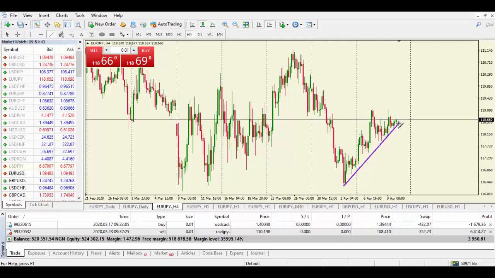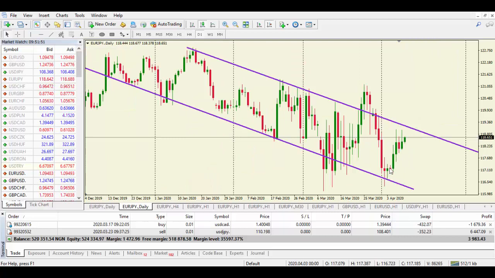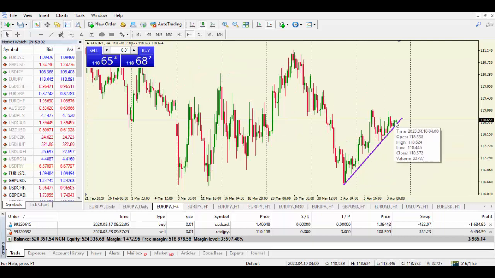But remember, on the daily time frame, the price is falling. So this is that move we saw here, this move from here that was going up. Let me draw it for you so that you see. That's the same move we are seeing right here, that is giving us a trend.